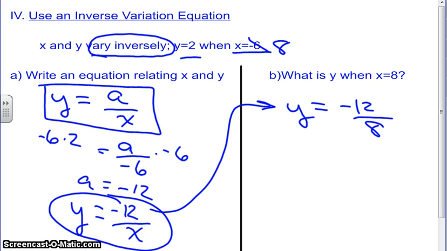Now we simplify, and we have y equals -3/2, or -1.5. So we received the information to create the equation, we wrote the equation, and then we used it to find another value for y given a different x.